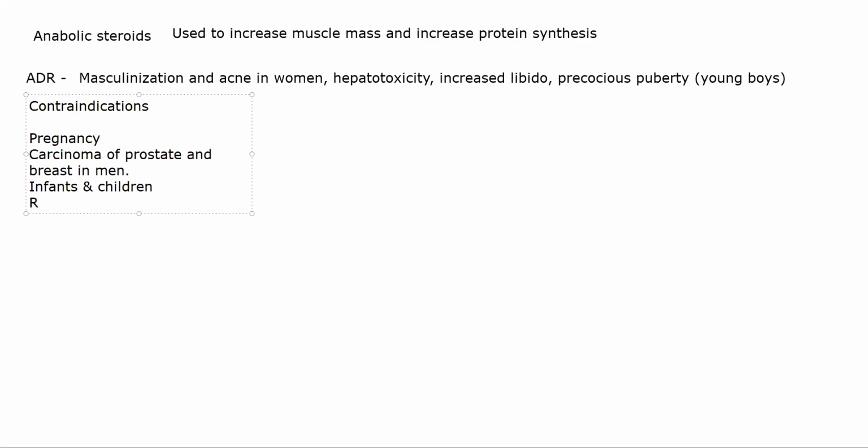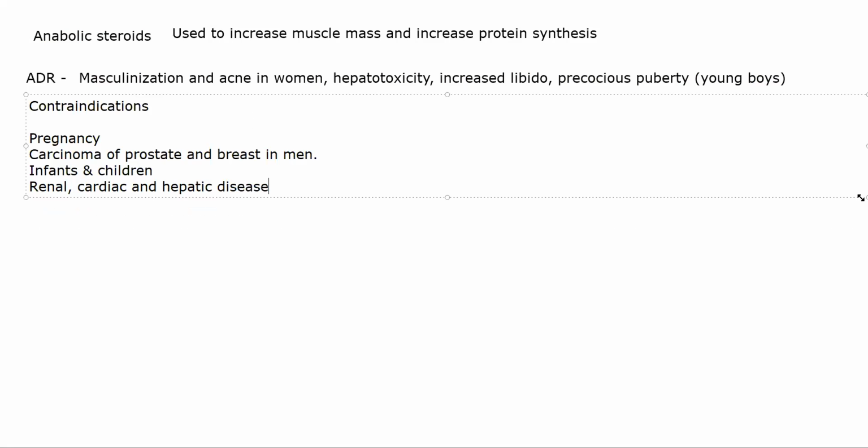It is completely contraindicated in renal, cardiac, and hepatic disease. If the patient already has a renal, cardiac or hepatic condition, do not give this drug. Okay, that's it about anabolic steroids.